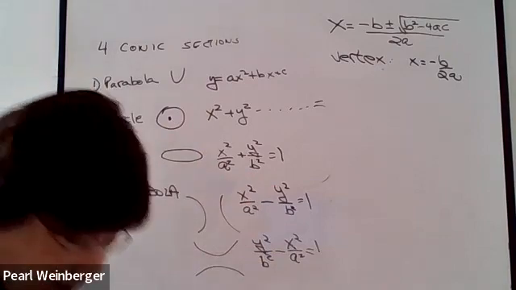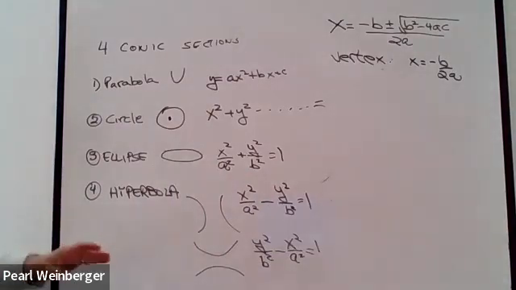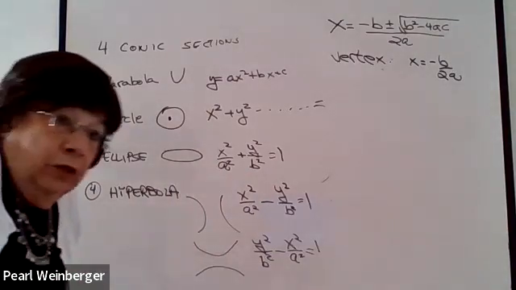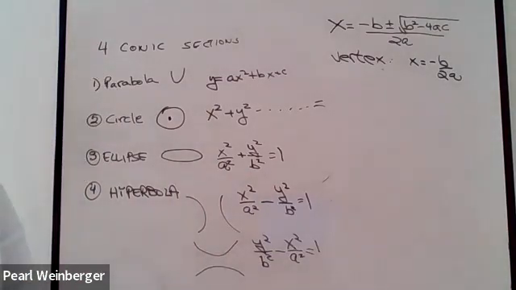So those are the 4 types of conic sections, the 4 types of shapes you can get when you draw the graph of a quadratic equation, of an equation with squares in it, with an exponent of 2 on your variable or variables.